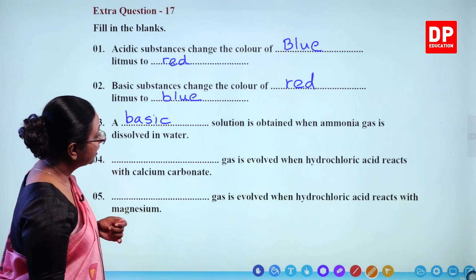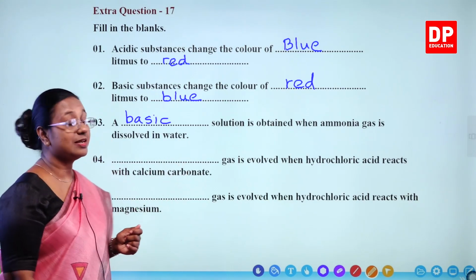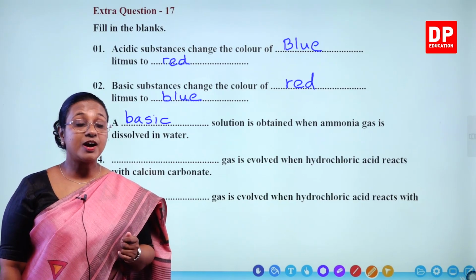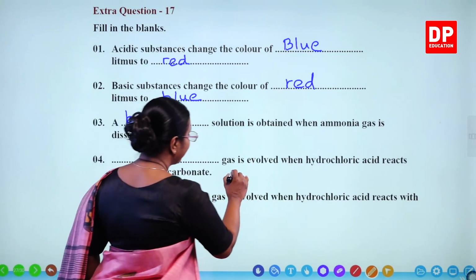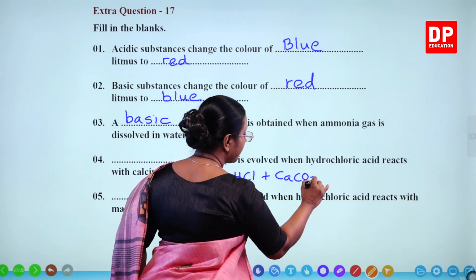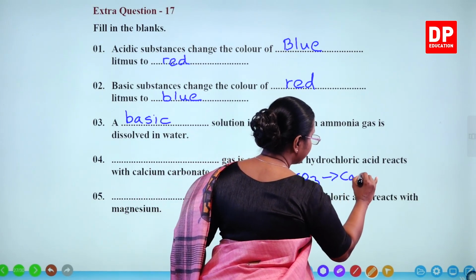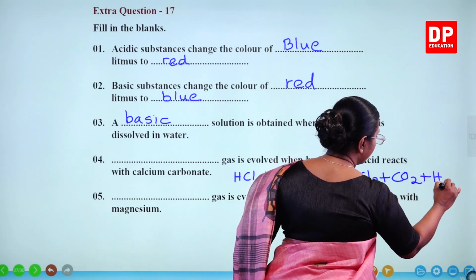The next one, gases evolve when hydrochloric acid reacts with calcium carbonate. The reaction of hydrochloric acid with calcium carbonate, what is it? You all can write and check if you want. HCl plus calcium carbonate will give you calcium chloride plus CO2 plus water.